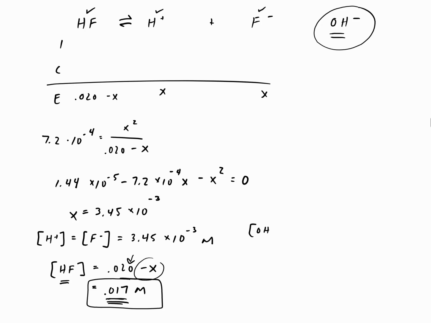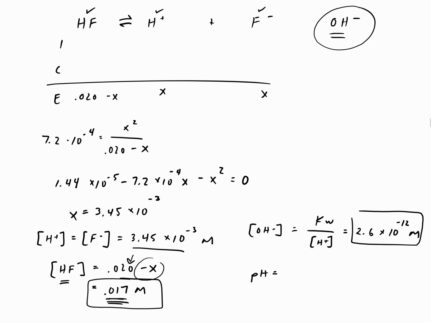OH minus is going to be Kw over the amount of H plus. For this I get 2.6 times 10 to the negative twelfth, and we should expect this to be tiny because it's an acidic solution. And lastly, we can get the pH, which is the negative log of the H plus concentration. For the pH, I get 2.46.